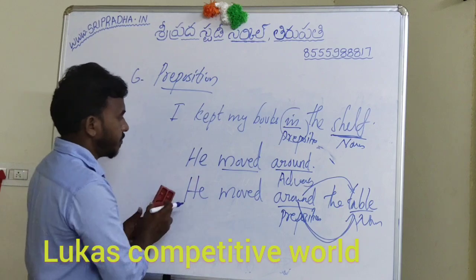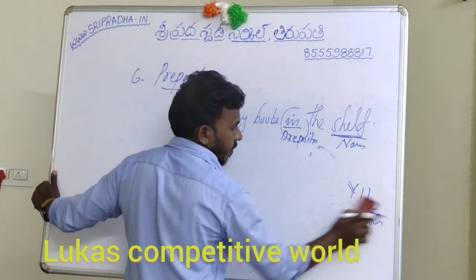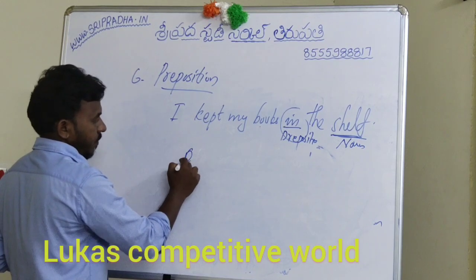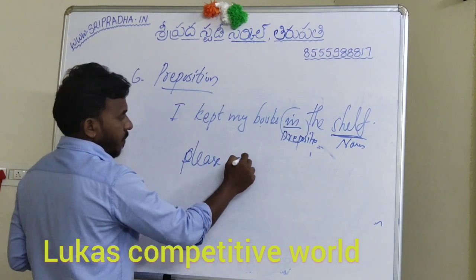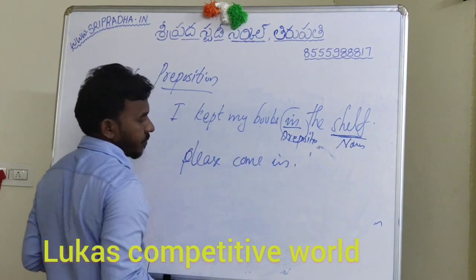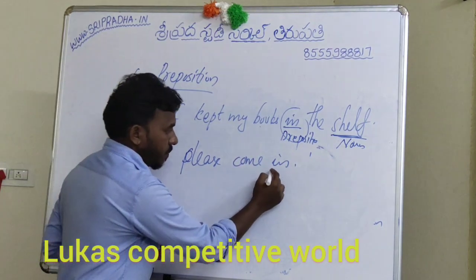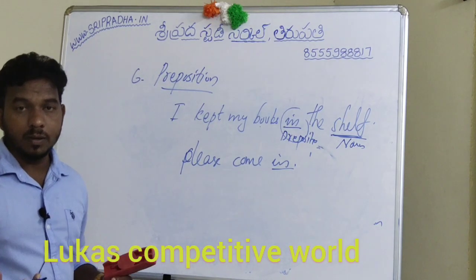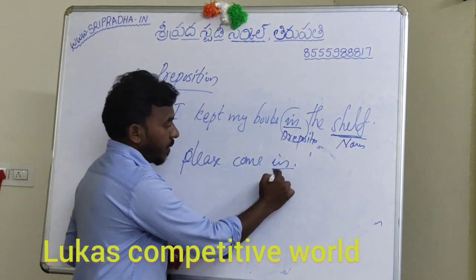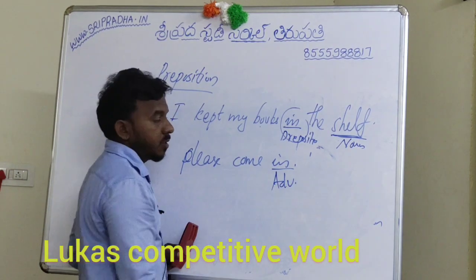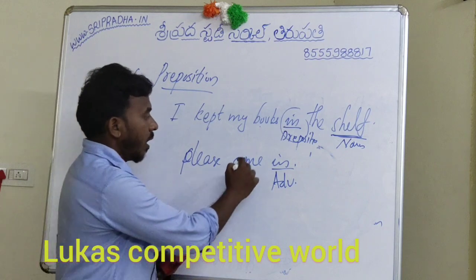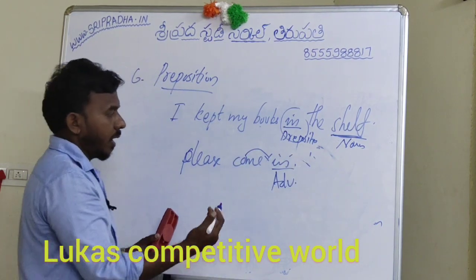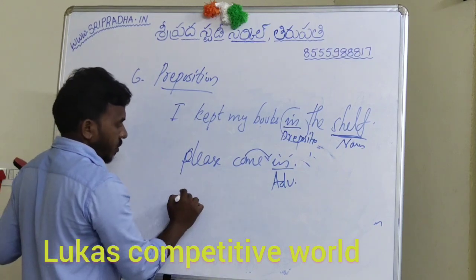One of the examples: Please come in. What is the part of speech of "in" here? Many of you say it's a preposition, but it's not a preposition, it's an adverb. It shows the place. Look, the same rule: it is after the verb, but there is no noun or pronoun after it. I can use the same word as different parts of speech.